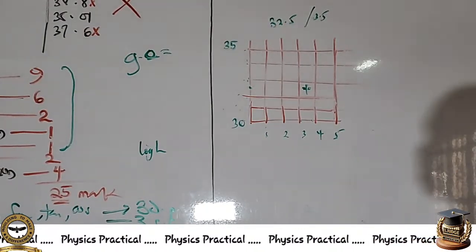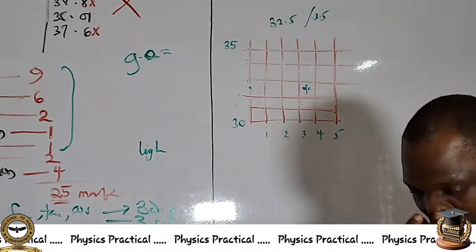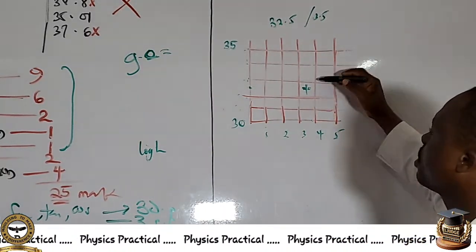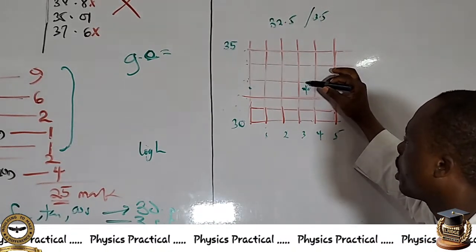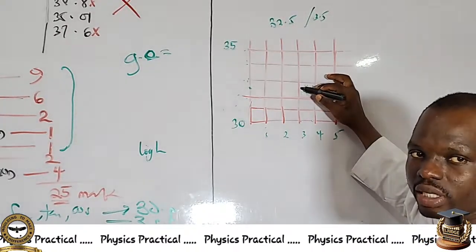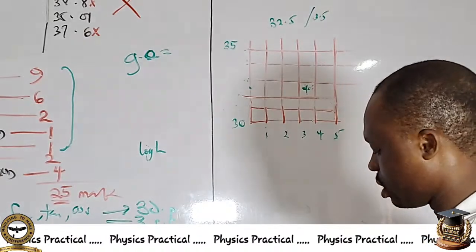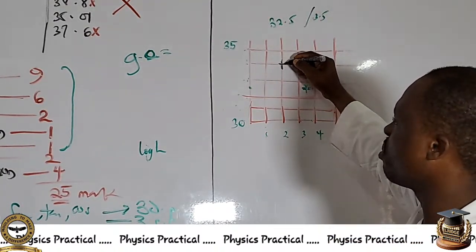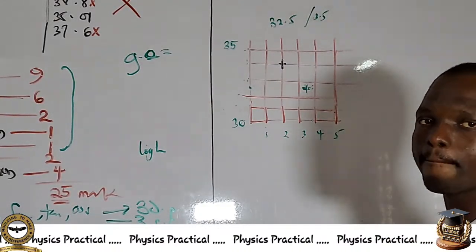But instructions say that points should be plotted correctly to nearest half square on both axes. That means if I record it around here, half square, or around here, or around here, I am still correct. I'll still mark the students correctly. Now this is the real point that I'm supposed to mark.